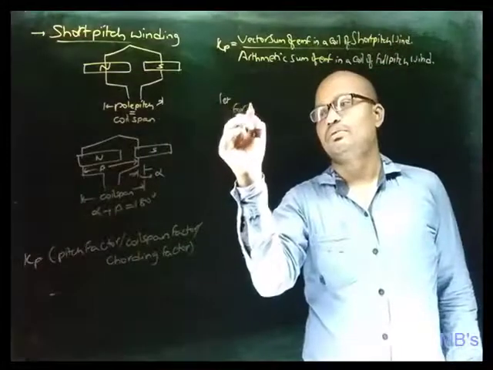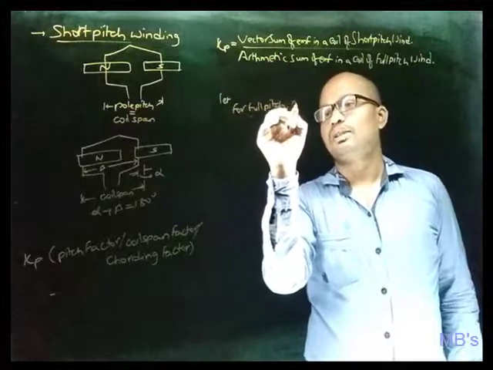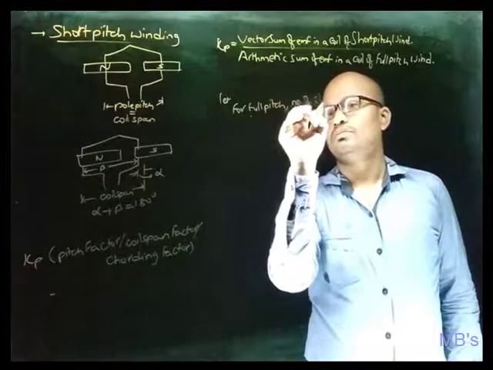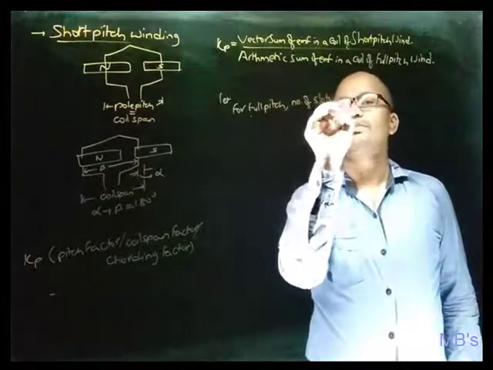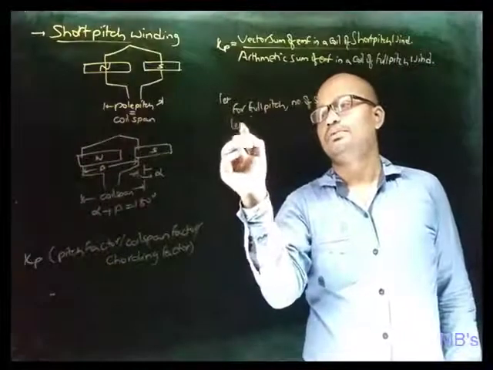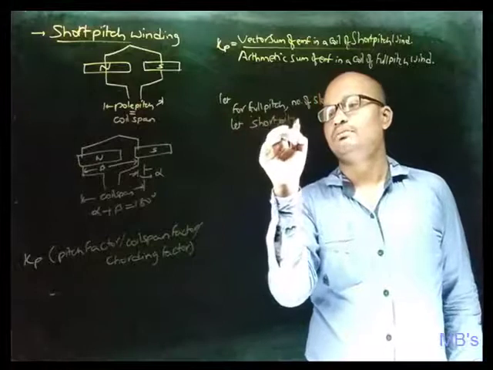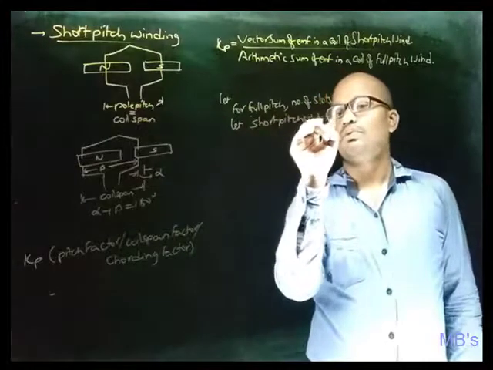Let the number of slots for full pitch be 7. Let the short pitch winding be short pitched by 1 slot.